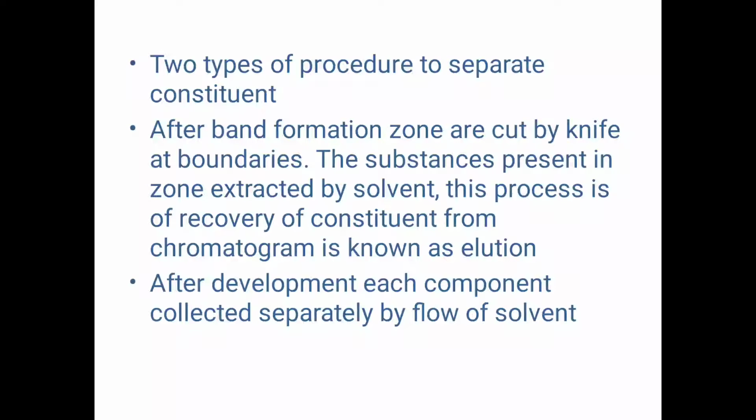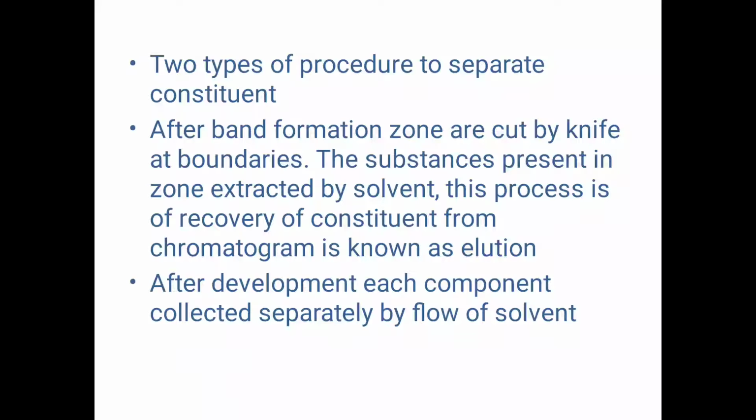There are two procedures to separate the constituents, as the two components get separated and zones form. In the first, after development of the column of adsorbent, the various zones formed are cut with a knife at the boundaries, and the substances present in the zones are extracted with a suitable solvent.